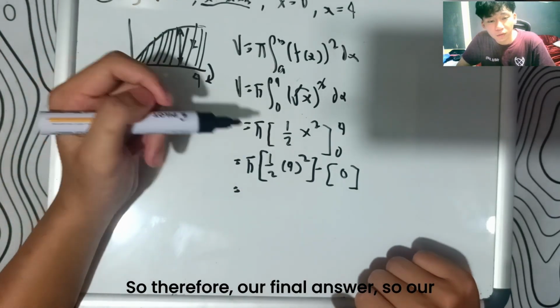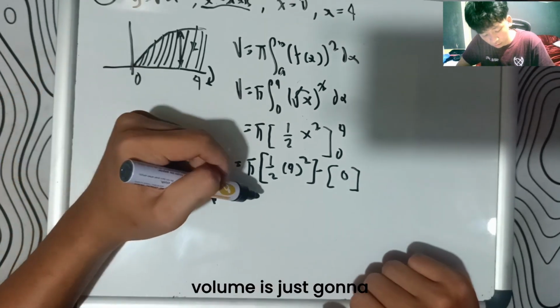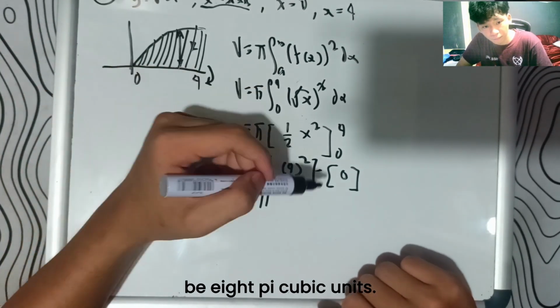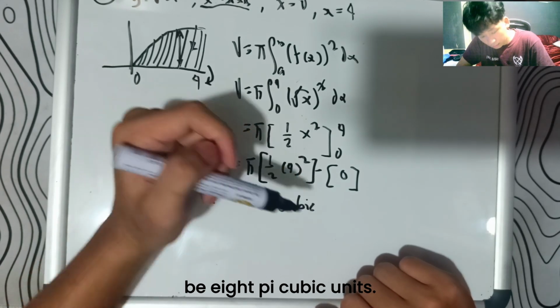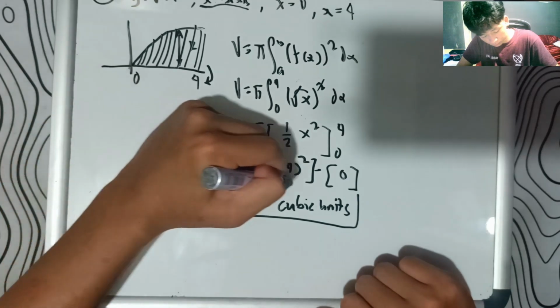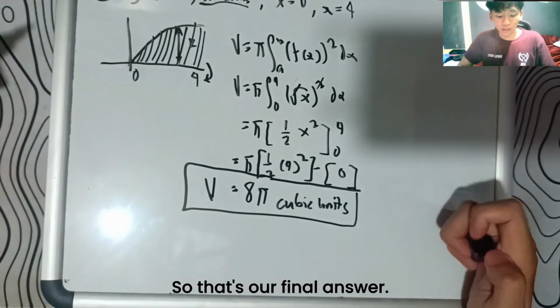Therefore our volume is just going to be 8 pi cubic units. So that's our final answer.